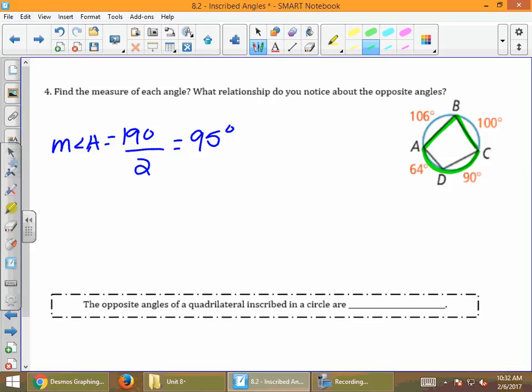Add them together. 64 plus 90 is 154. Thank you. So again, when the angle's on the edge, what do we divide the arc by? What's 154 divided by 2?